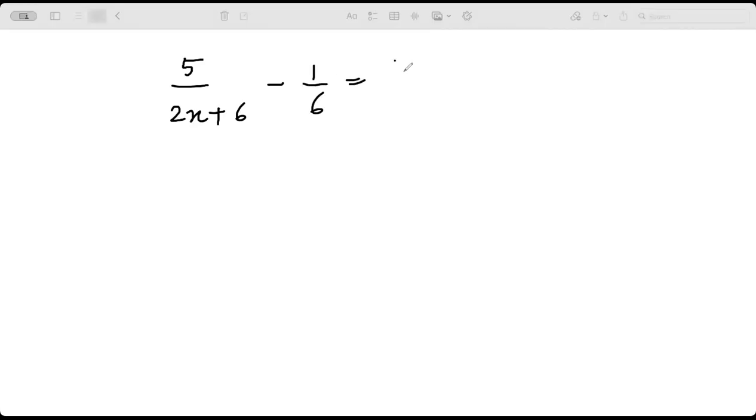Okay, how about this? 5 by 2x plus 6 minus 1 by 6 equal to 2 by x plus 4. This is just a review, guys. Go ahead and do that one. I really cover a lot of word problems in this. Okay, that's a hard part. We'll do that.